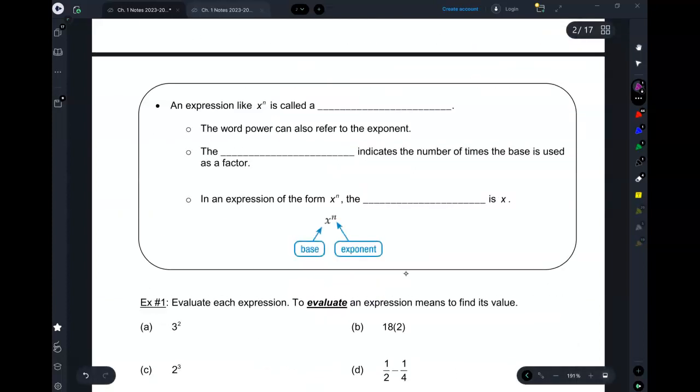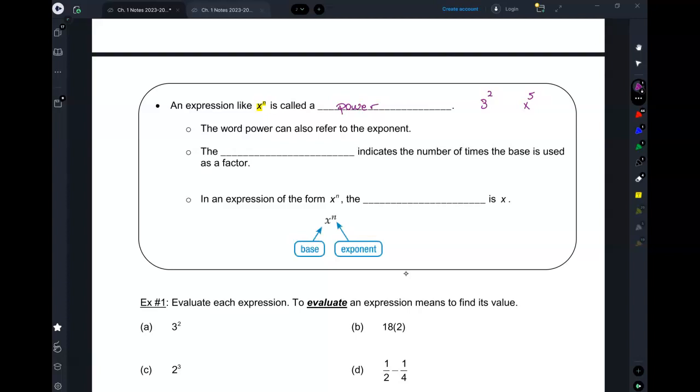Okay, so take a look here. An expression like x to the n, okay? This is called a power. So for example, if you have 3 to the power of 3 squared, that's a power. The whole thing together is a power.